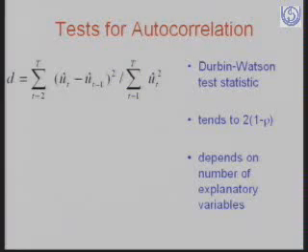That means there is autocorrelation in the model. If it is towards the value 2, there is no autocorrelation and the hypothesis is not rejected. So this is how the test for autocorrelation can be undertaken.